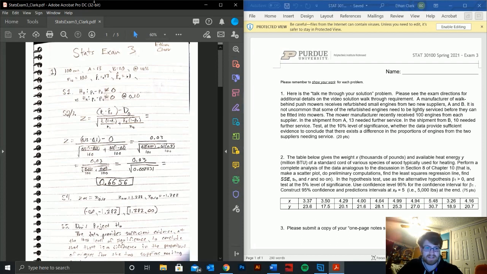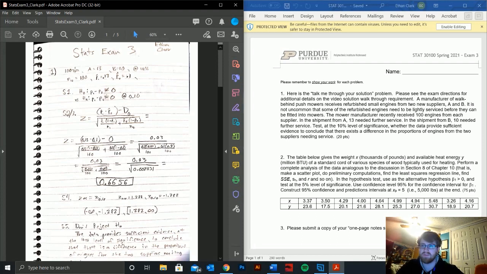Then we test at the 10% level of significance whether the data provided is sufficient evidence to conclude that there's a difference between the proportions of engines.